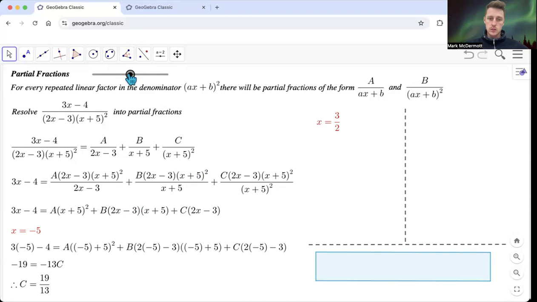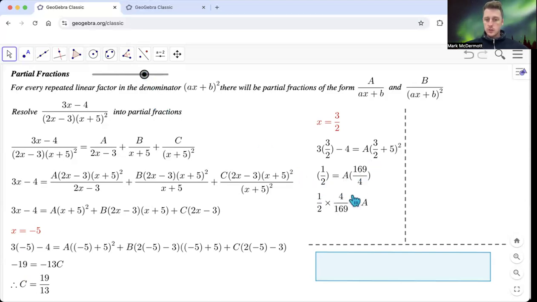So for x, we're going to sub in 3 on 2. And so we'll be left with this. And then from there, you just make a few simplifications, and then you can solve for A. So, a half equals A times 169 on 4. Divide both sides by 169 on 4 gives us this. So A is 2 on 169.